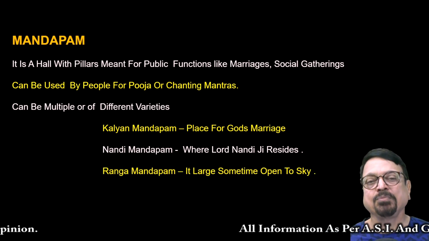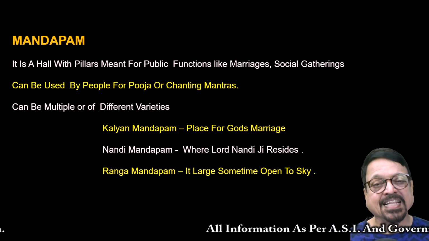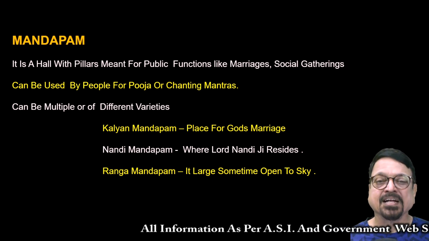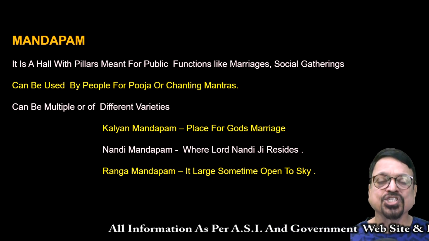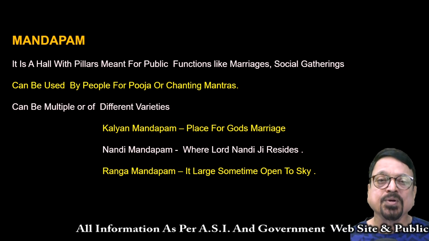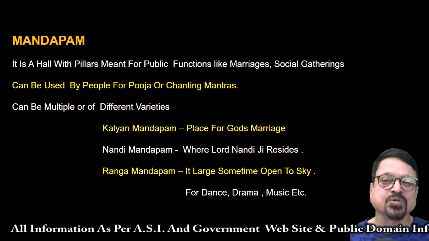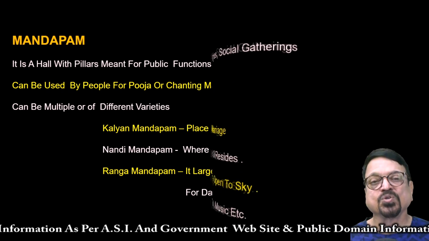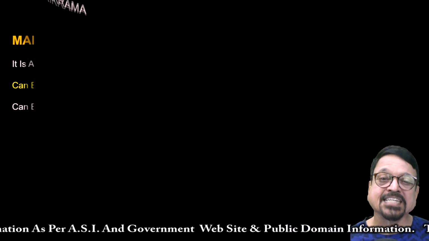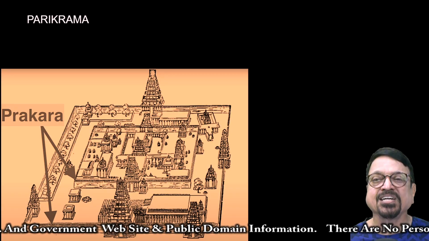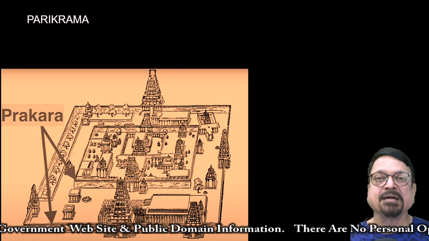It can be semi-open, or it can be enclosed in the main temple also. Then there can be Ranga Mandapa, which is large and open to the sky, and usually it is meant for public functions like dances, music and dramas. So this was a part of the socialization which was taking place. Parikrama Marg, as we told, is the circumambulatory path. You can see here in the picture, it is rotating around the temple.